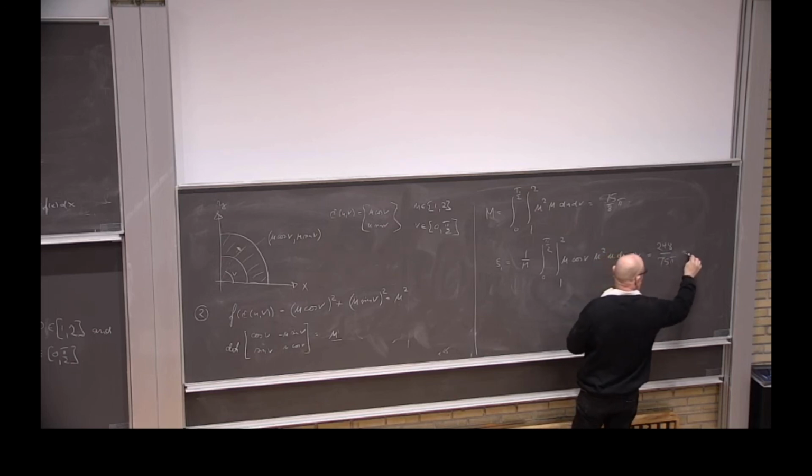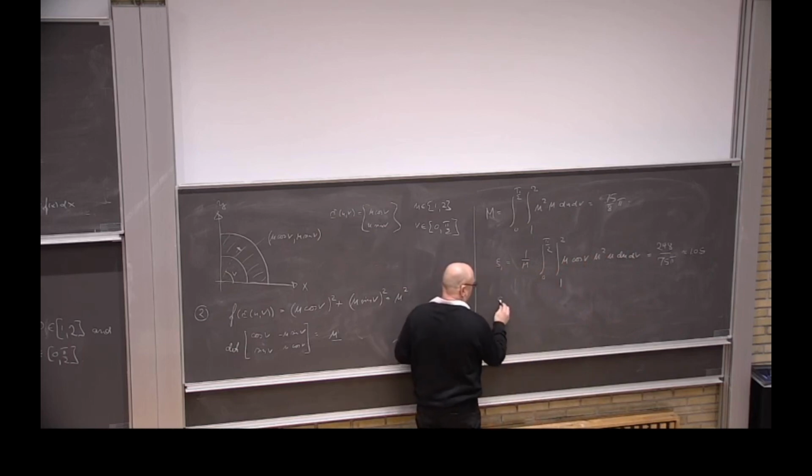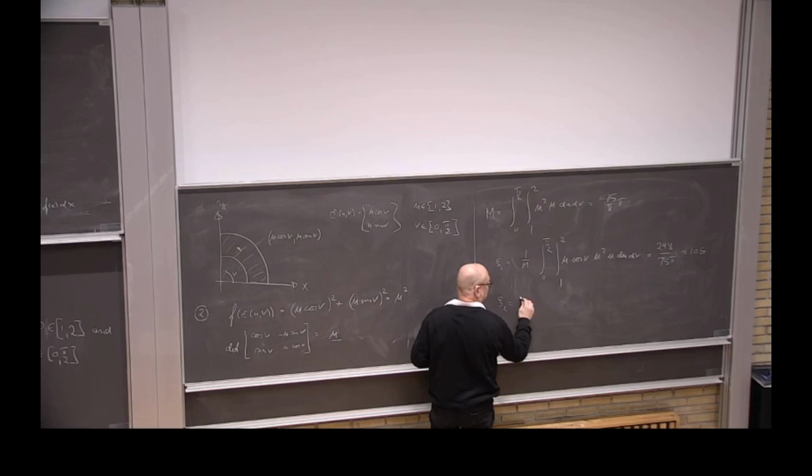And this is approximately 1,05. And if you compute C2, you get exactly the same thing. You have to replace this by u sine v, but the result is the same. And then this is also.